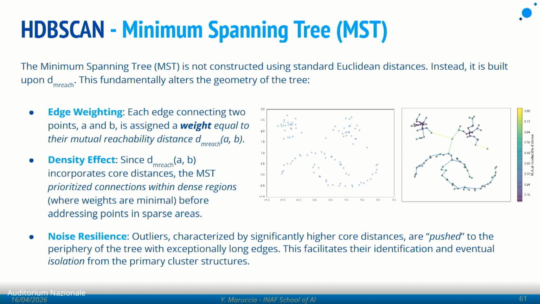We connect two points A and B, and we weight them by their mutual reachability distance, and this helps us to push away the outliers, those points that are at the periphery of the cluster, so they are too distant one from another, okay?